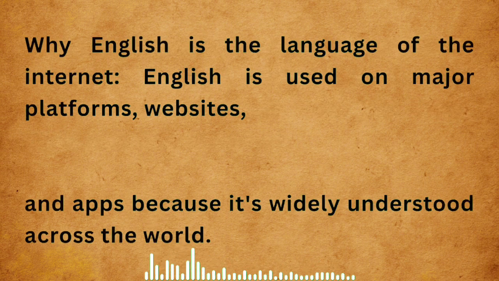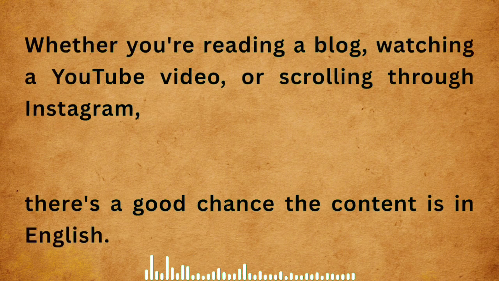Why English is the language of the internet. English is used on major platforms, websites, and apps because it's widely understood across the world. Whether you're reading a blog, watching a YouTube video, or scrolling through Instagram, there's a good chance the content is in English.